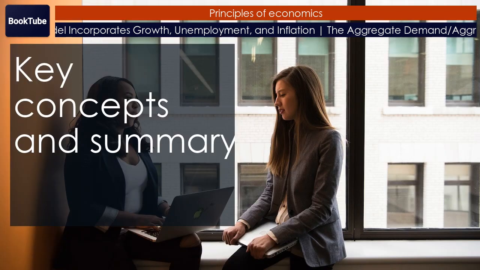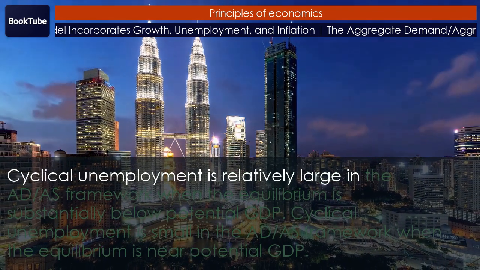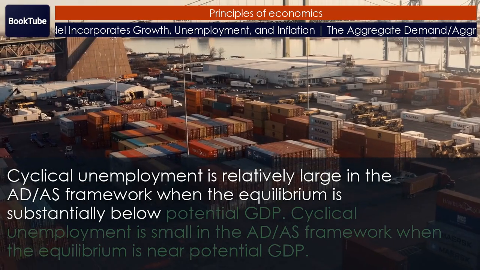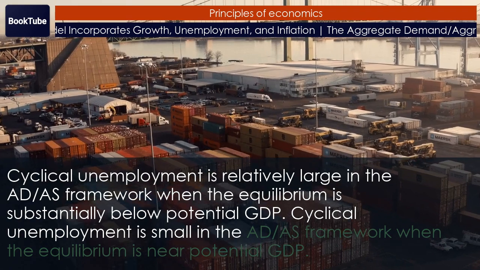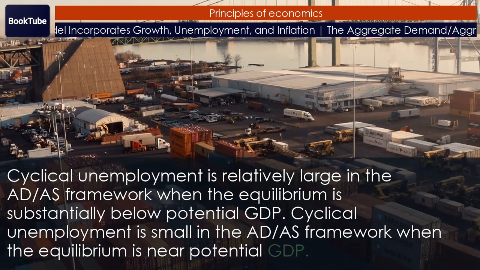Key concepts and summary. Cyclical unemployment is relatively large in the AD/AS framework when the equilibrium is substantially below potential GDP. Cyclical unemployment is small in the AD/AS framework when the equilibrium is near potential GDP.